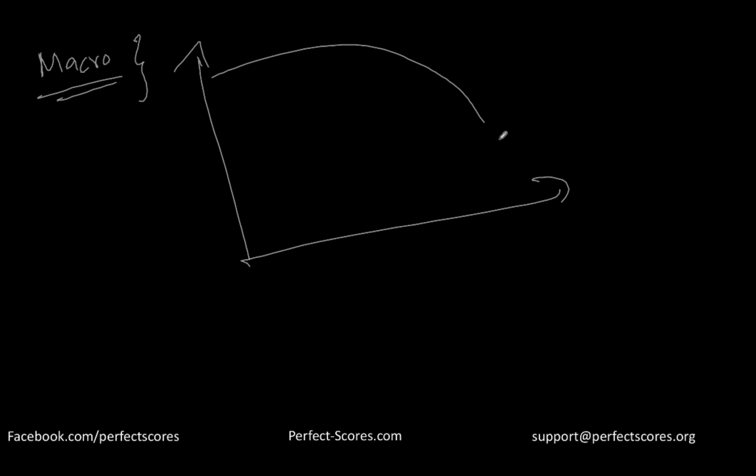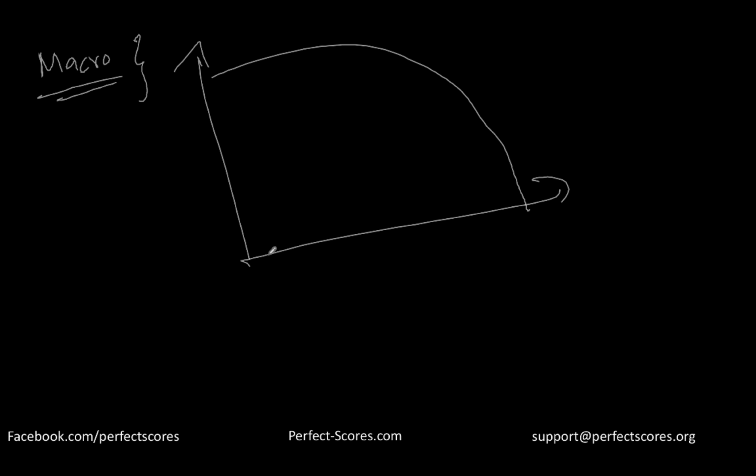Another thing is that the production possibility curve gives us various other concepts such as scarcity of resources, opportunity cost, productive efficiency, allocative efficiency, economies of scale, something that we're going to be talking about in future videos.